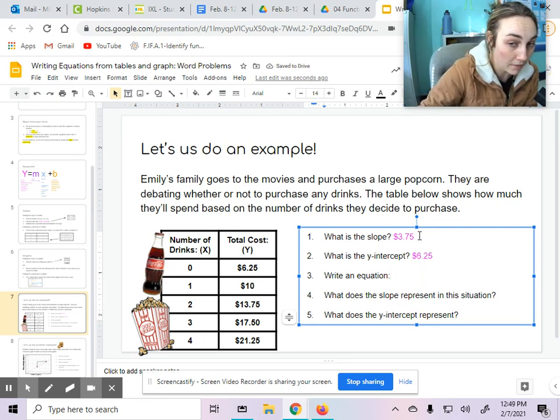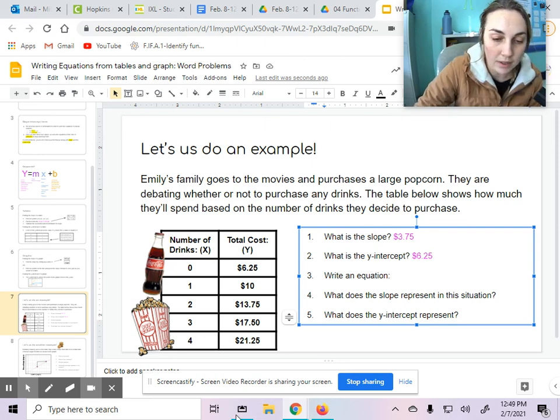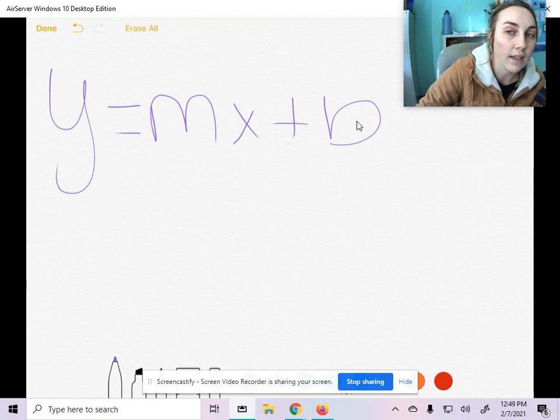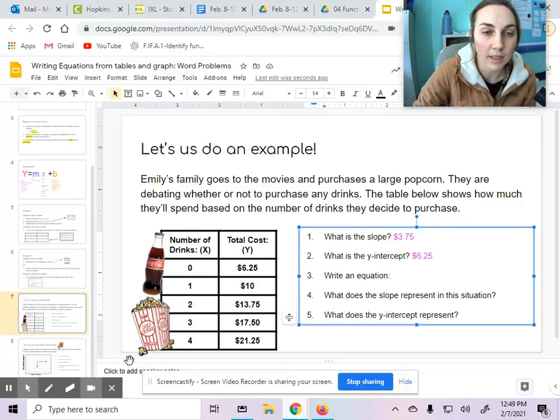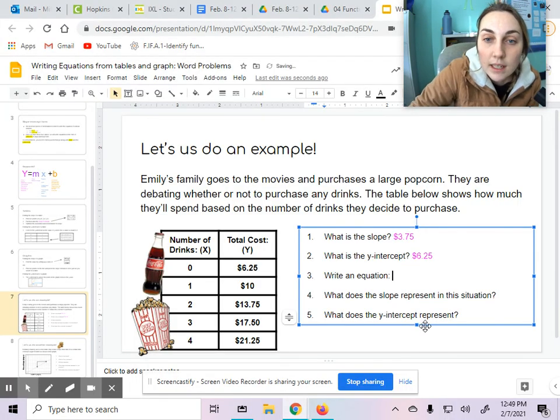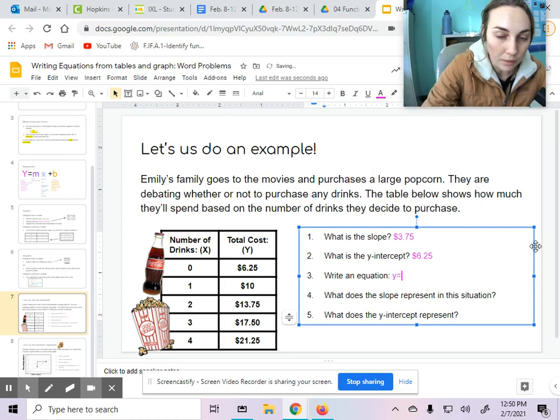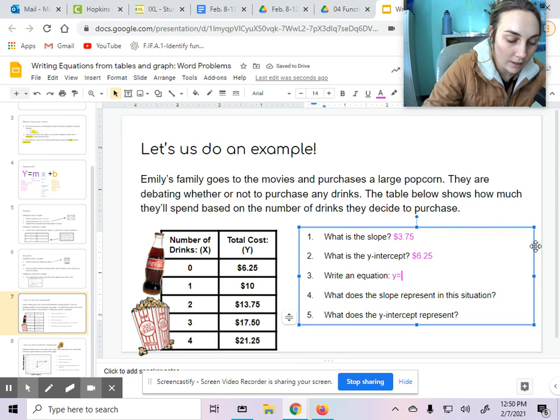Now that we find the slope and the y-intercept, we can put it into our equation. And if you remember, guys, our equation is y equals mx plus b, where m is our slope, so we will substitute slope in where m is, and b is our y-intercept, so we would substitute our y-intercept where b is. So let's write our equation. Y equals, because we always have to put y equals, m is our slope, so I'll go ahead and type that in, 3.75.